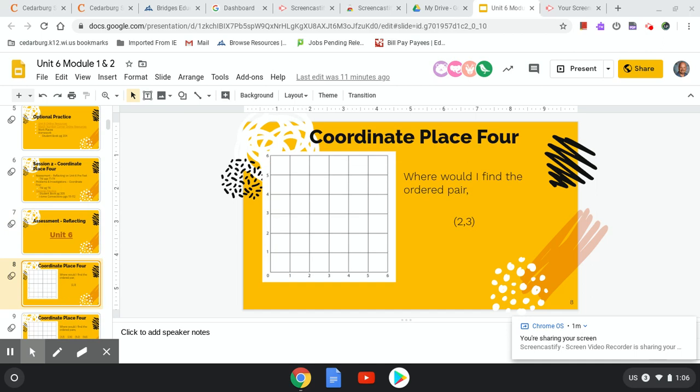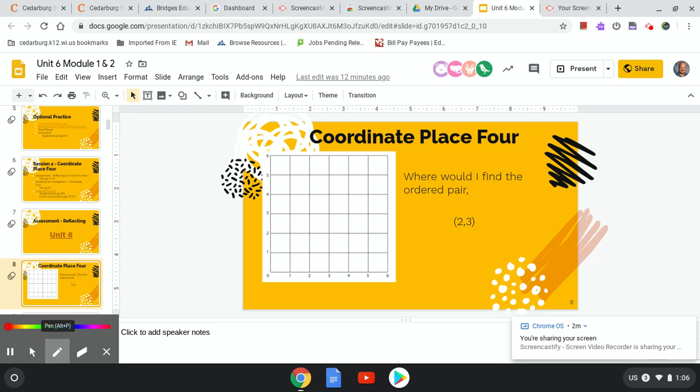Again, this is a Connect 4 game that you're all very familiar with. What you're going to want to do is put 4 of your markers in a row, and the one that does that, either up and down, sideways, or diagonal, wins the game. So let's first go over an ordered pair.